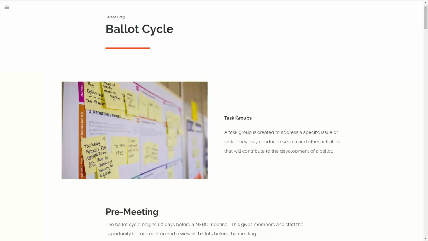It's also important to note that anyone can be involved with the task group. There's no limitations. You do not need to be a member. The participation of subject matter experts at this level will definitely help to increase the chances for the ballot to be successful.